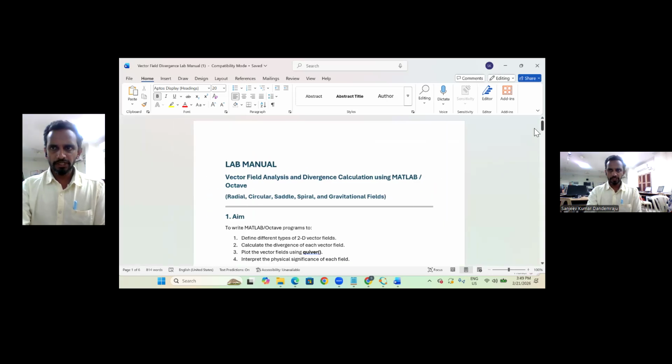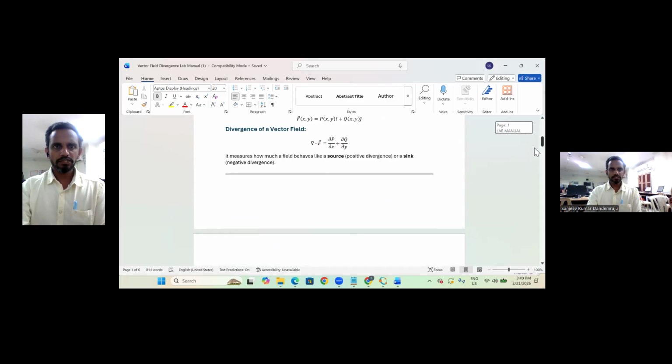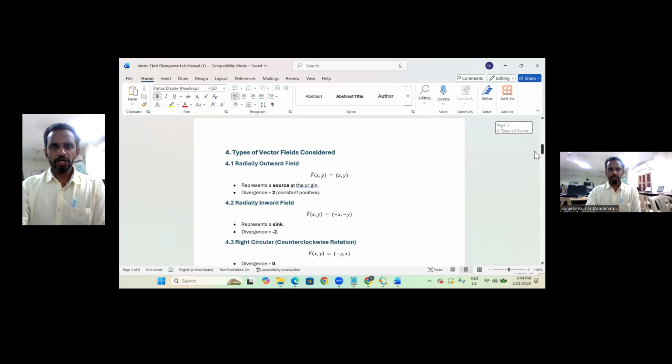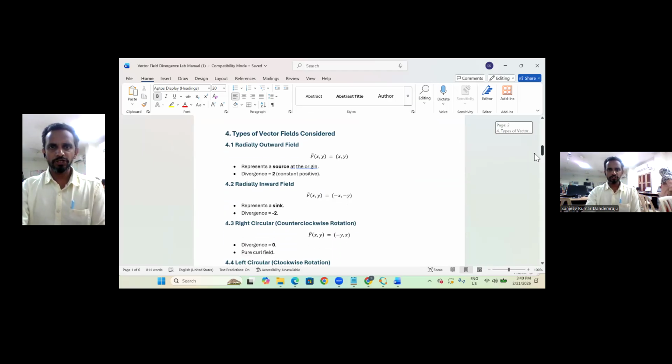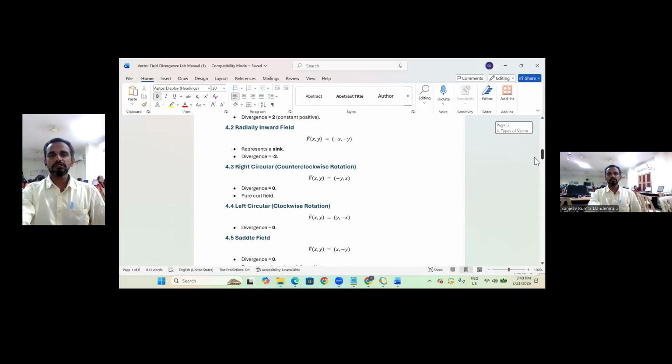We can define various types of vector fields, like radially pointing outward and radially inward fields. The radial outward field is x, y; the radial inward field is minus x, minus y; right circular is minus y, x; left circular.